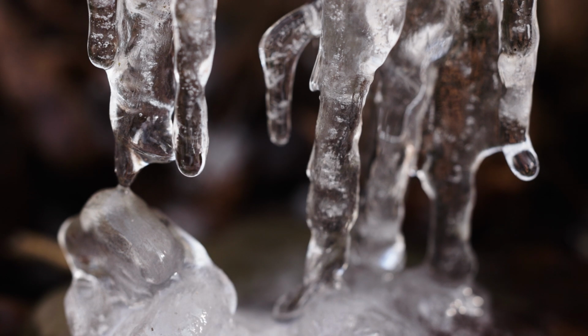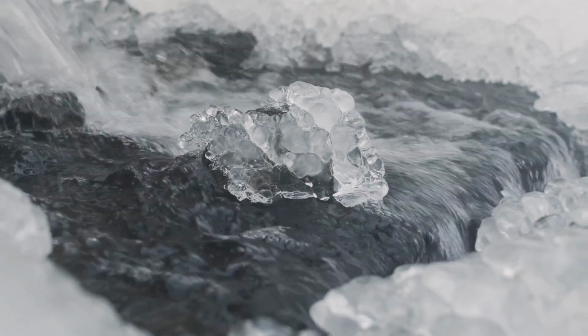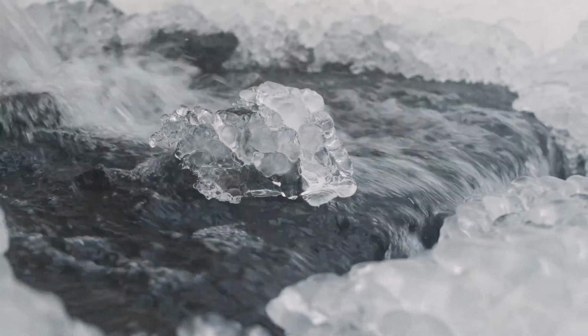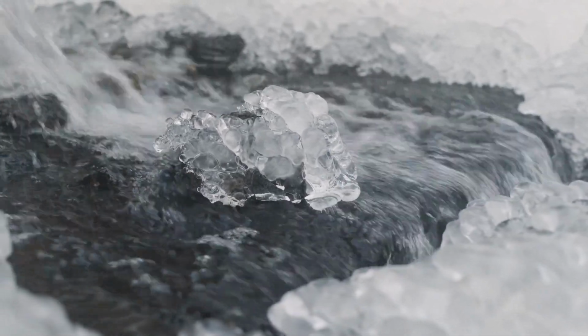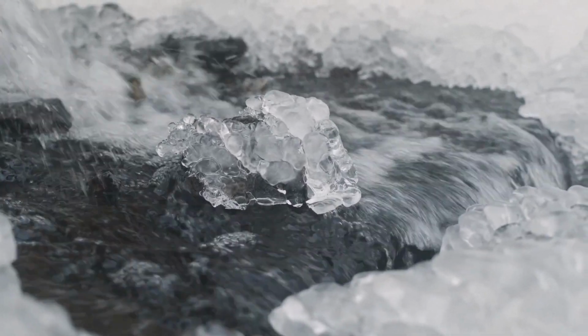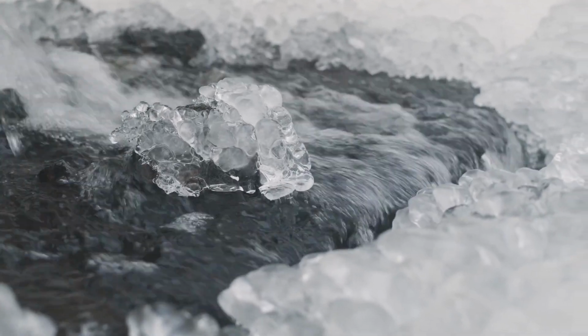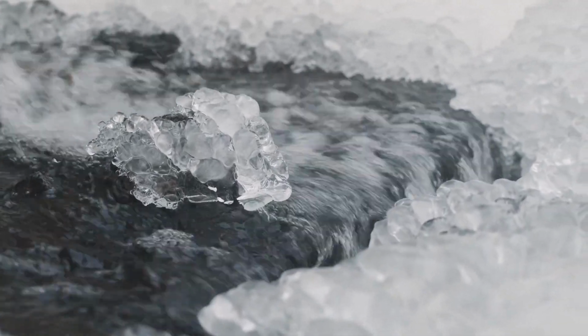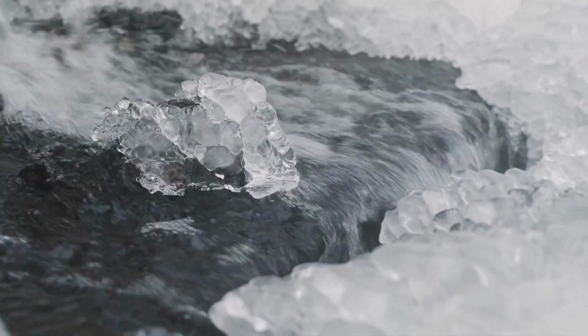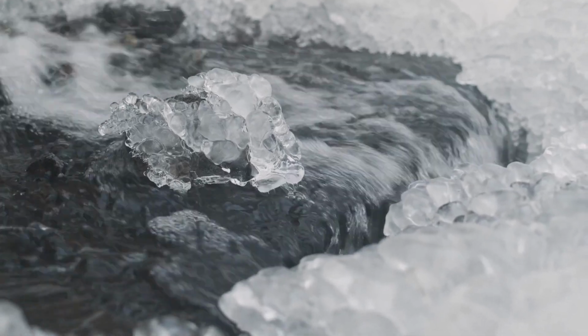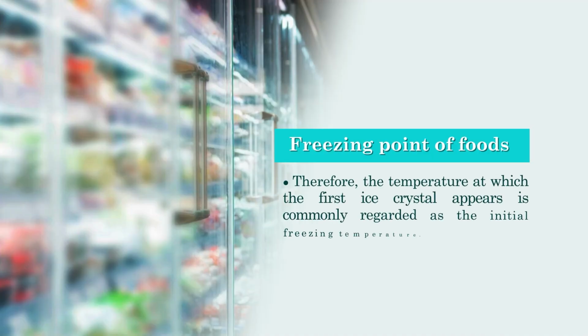Free water is more available for freezing. So a lot of water may remain unfrozen even at around 0 degrees centigrade. So we need a high rate of heat transfer. The difference of temperature between the minus temperature side and the product side should be larger. The temperature at which the first ice crystal will appear is commonly regarded as the initial freezing point.